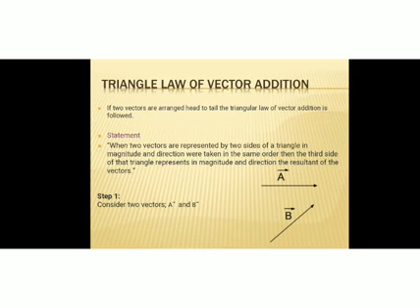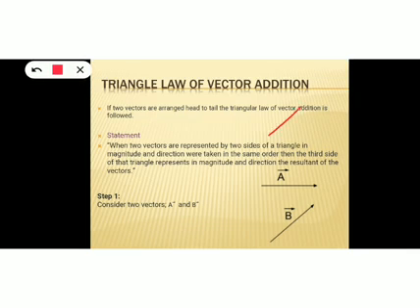So first, let's discuss the triangle law of vector addition. When do we use this triangle law? If two vectors are arranged head to tail, the triangle law of vector addition is followed. If in any situation we come across two vectors such that the tail of one vector is joined to the head of another vector, then in such situations we can use the triangle law of vector addition.